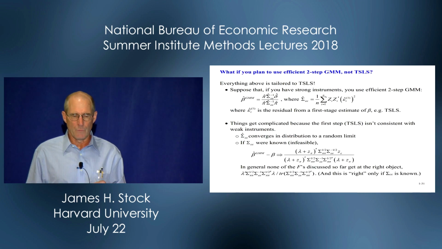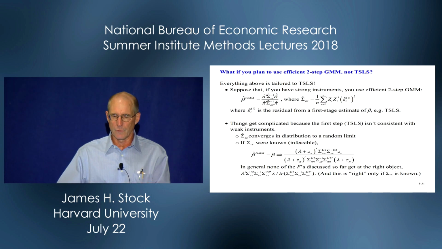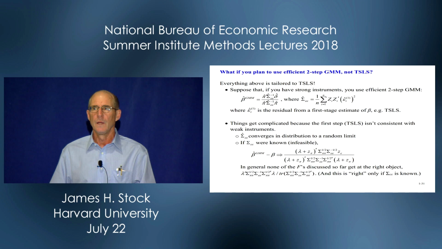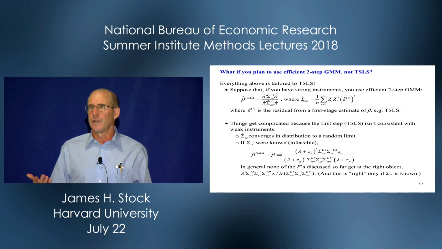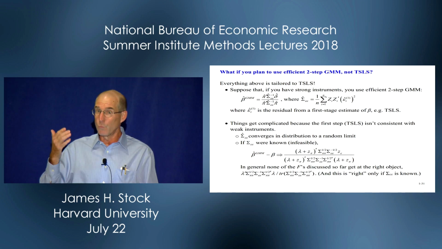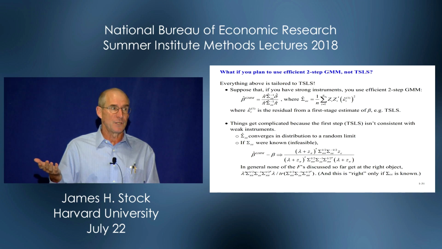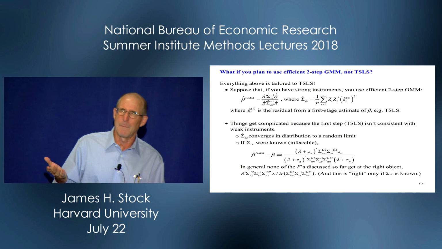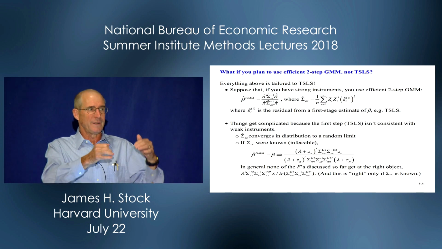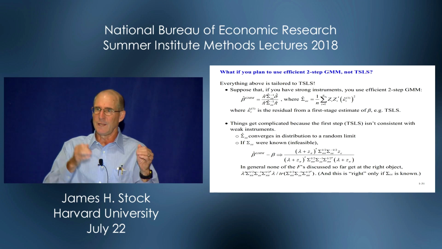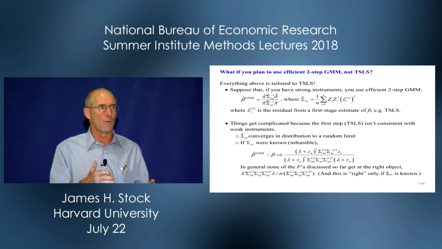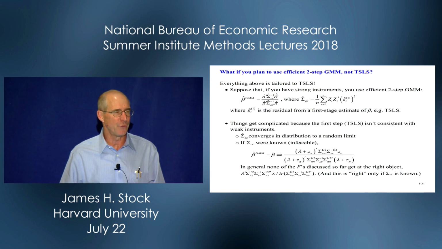Okay, let me say one other comment. Suppose you're going to do GMM instead of two-stage least squares. I made this digression in my homework problem example: if you were going to do efficient GMM, you actually have one terrific instrument, because it happens to have this heteroscedasticity that makes its variance super small if you only knew to put all the weight on it, and that's what efficient GMM would do.